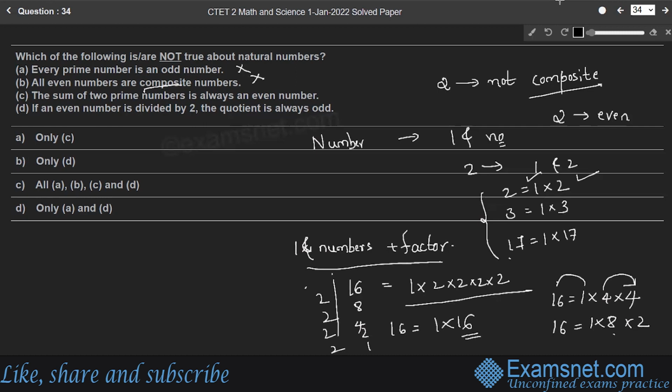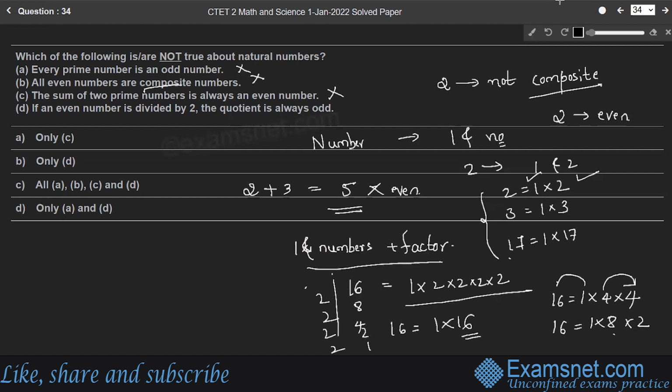The sum of two prime numbers is always an even number, which is also not true because 2 is also a prime number. 2 plus 3 is equal to 5, which is not an even number. 5 is an odd number, and statement 3 is also not true.